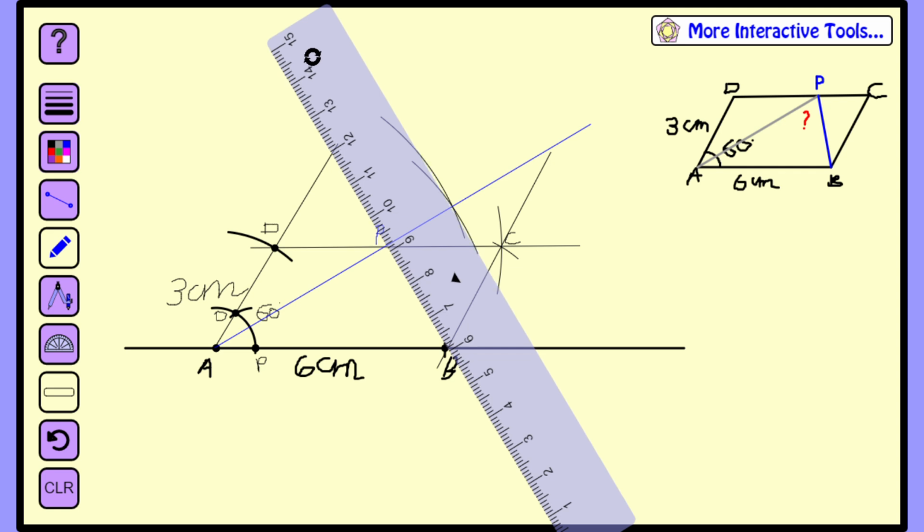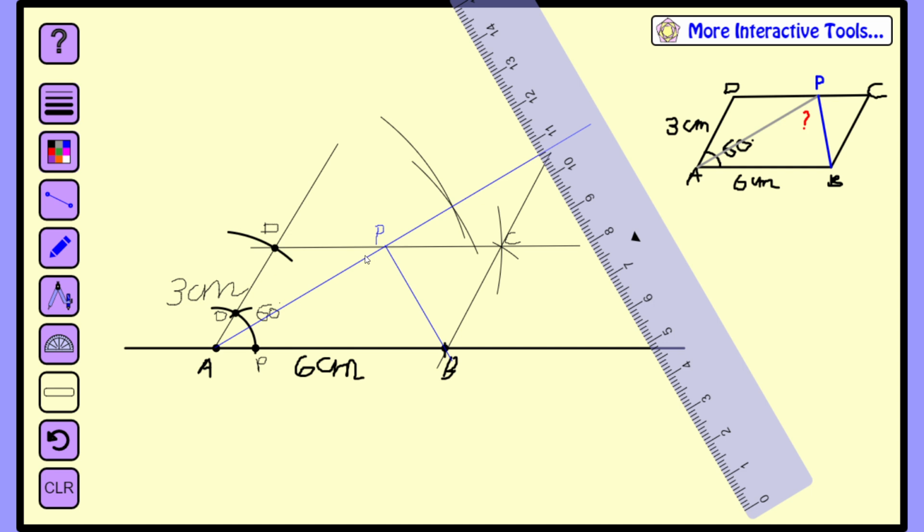As I said earlier, practice will make it perfect, and it will be easier done with pencil and scale rather than this app that I'm using. Join APB. They want us to find out the measure of angle APB.